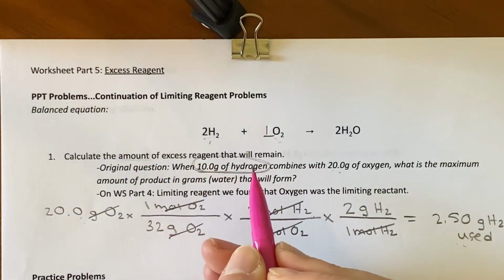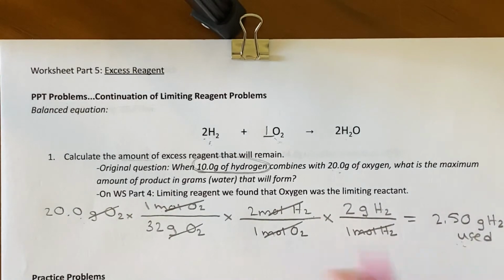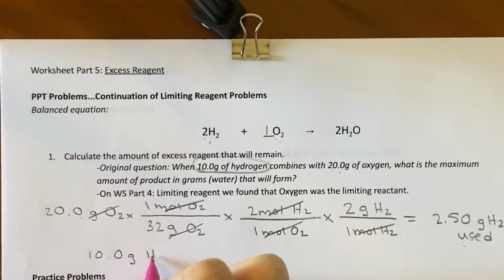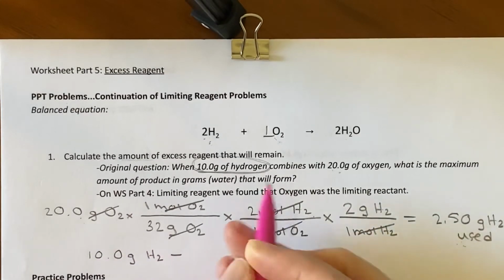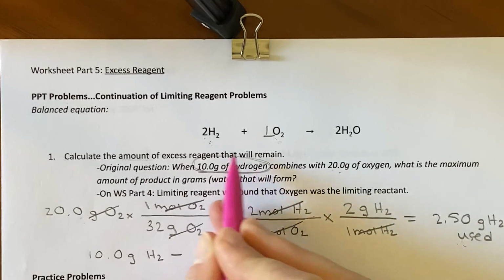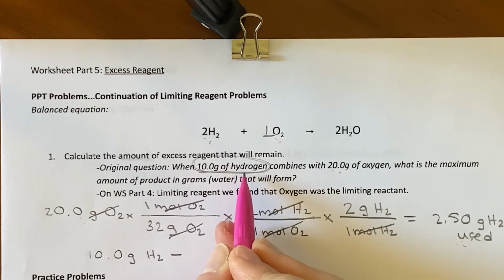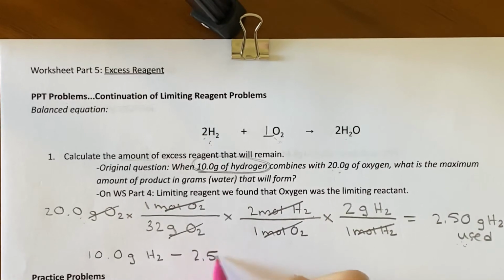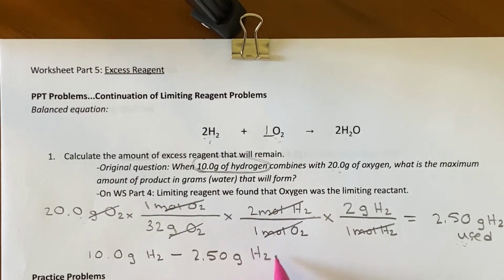So we'll take that 10.0 grams H2 that we started with, that we're given, because we know we'll have leftover of this, we'll have excess hydrogen, and subtract the amount of hydrogen that was actually used. So minus that 2.50 grams H2.